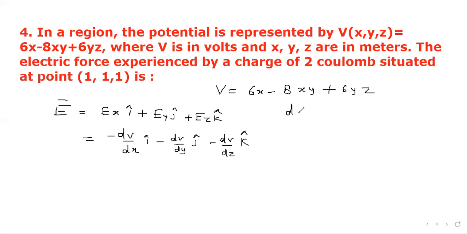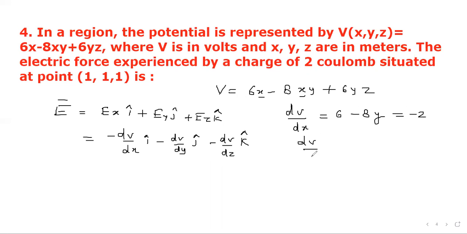So from here, dB upon dx: x will be assumed to be variable and the others constant. So we will get 6 minus 8y, and here x, y, z are given as 1, 1, 1. So it will give minus 2.